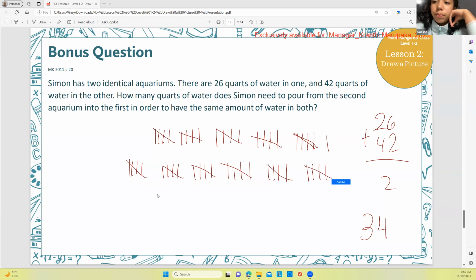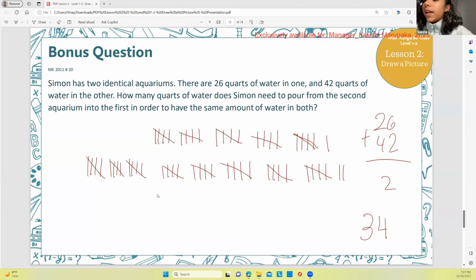So to make them have 26, you need to add 8 more quarts to make it 34.